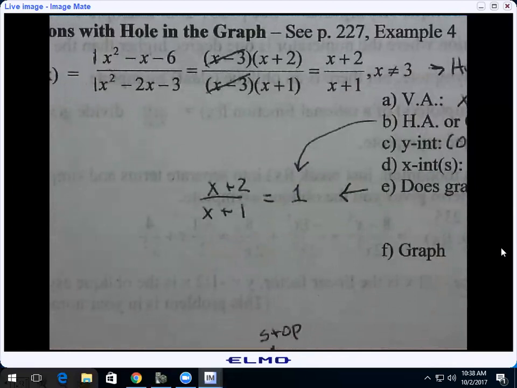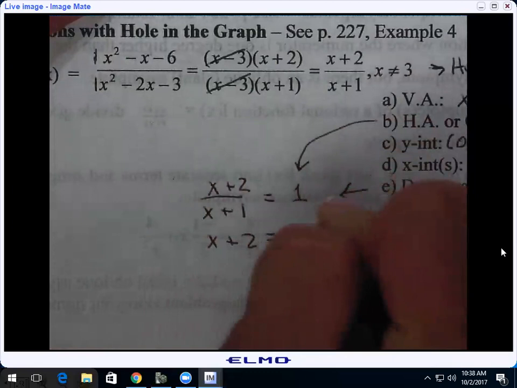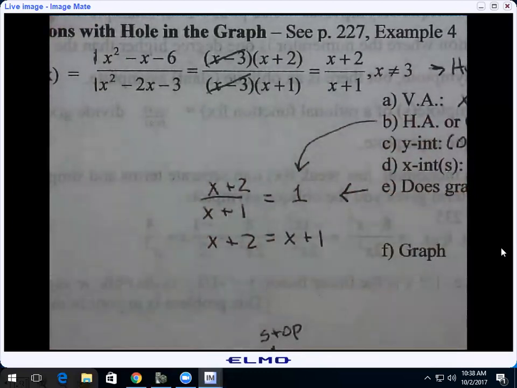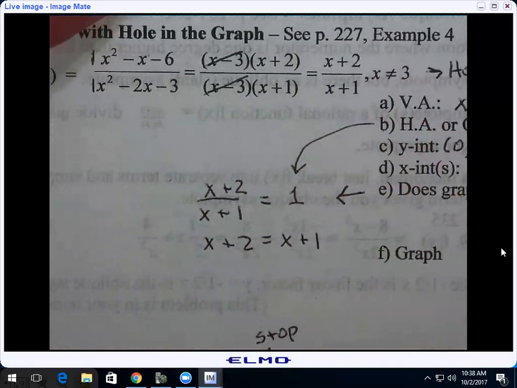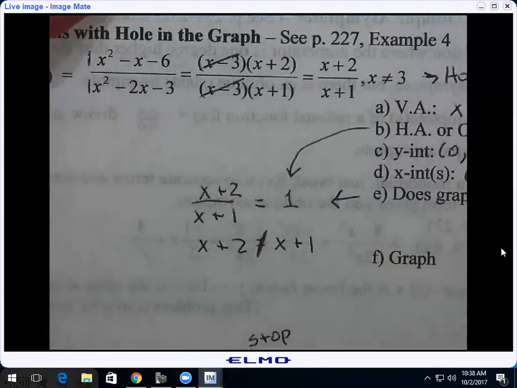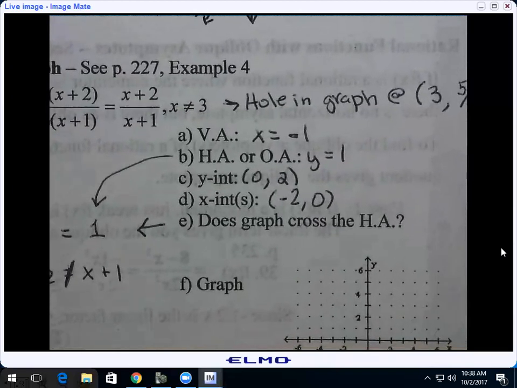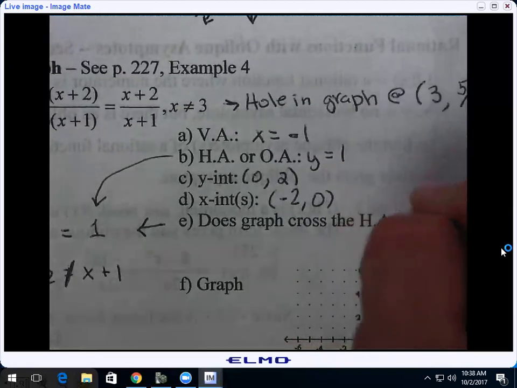If I multiply both sides by x plus 1, I have x plus 2 equals x plus 1. Does that have a solution? No. You subtract x from both sides, you have 2 equals 1. That's never true, no matter what x is. So what's the answer to the question, does the graph cross the horizontal asymptote? No.